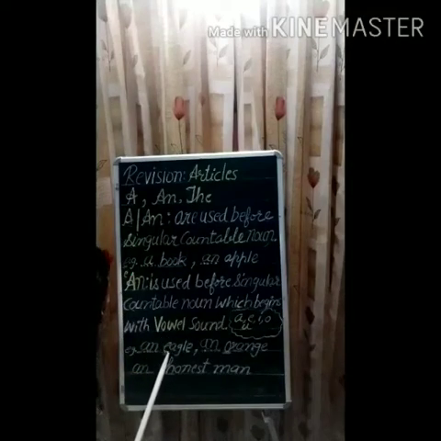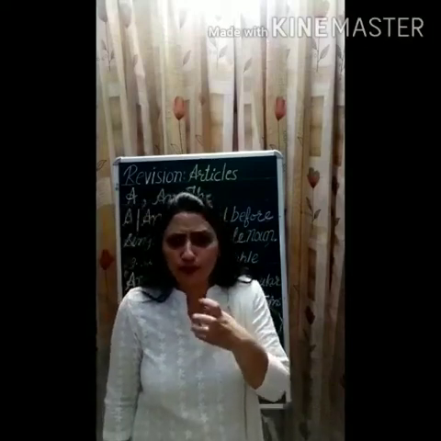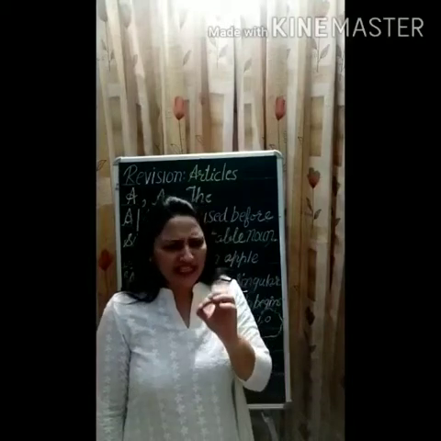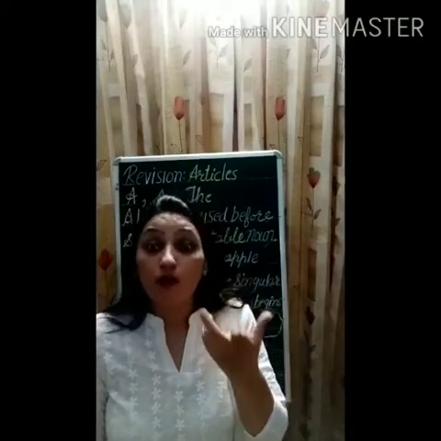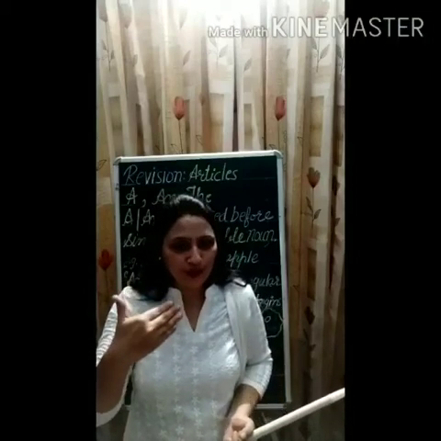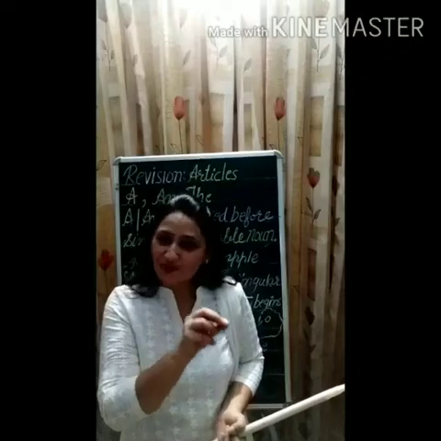Look at this E. Initial letter E. When I pronounce this word eagle, the initial letter E has a vowel sound. How? Look, when I pronounce E, air is coming out without friction. So it has a vowel sound.